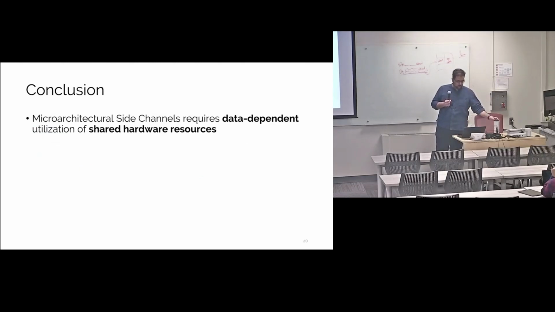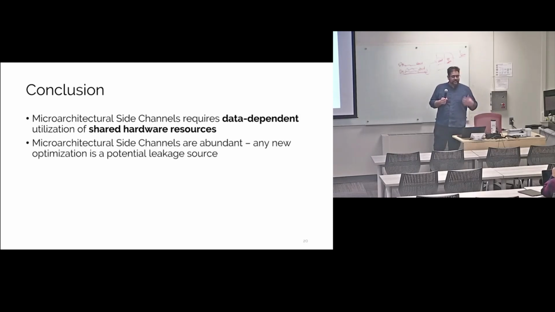Okay, so conclusion. Microarchitectural side channels require data-dependent utilization of shared hardware resources. If you have just one of those, you can't leak data. You need to have both of them. And these microarchitectural side channels are abundant.